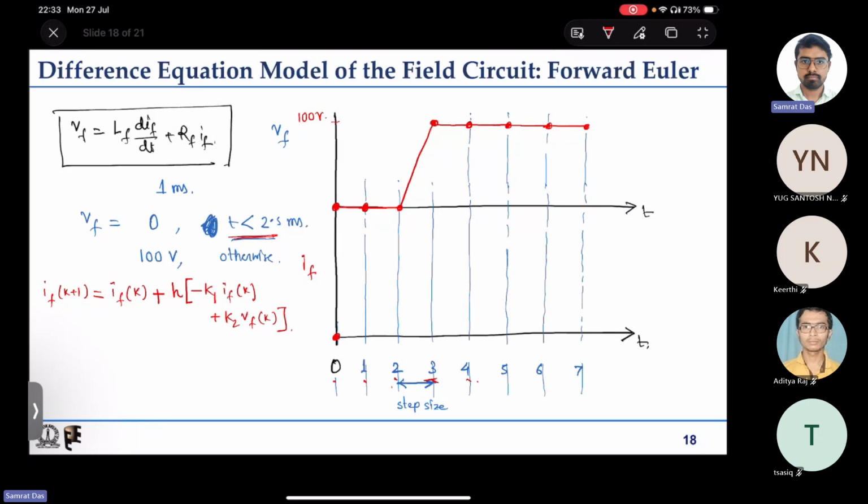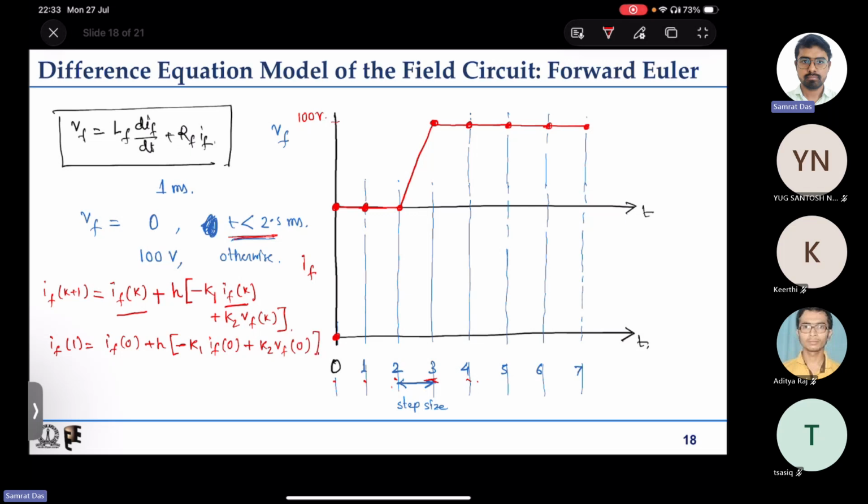Now when you go to k equal to 1, it is IF0 plus h into minus k1 into IF0 plus k2 into VF0.